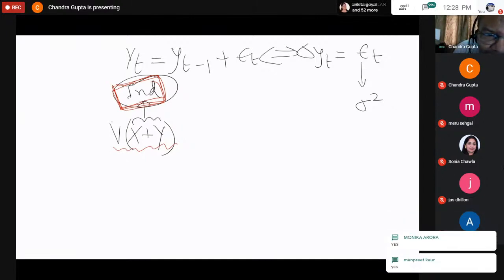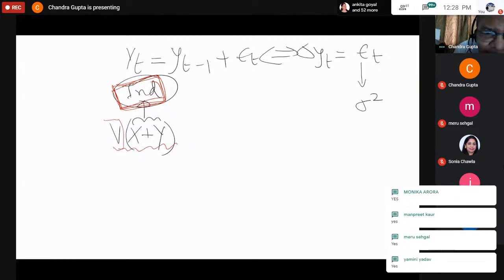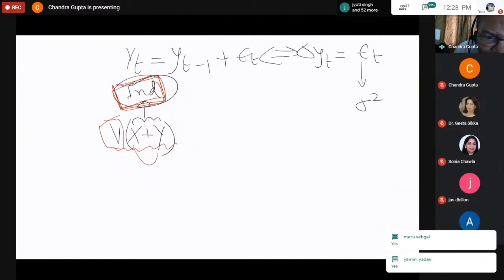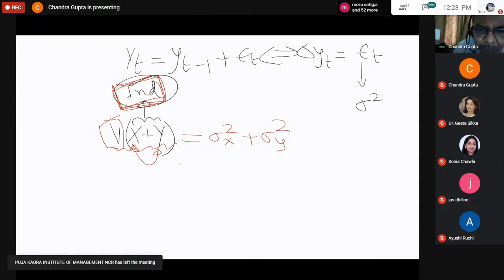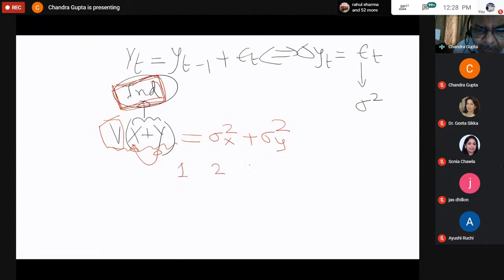I want to get the variance of x plus y, where x and y are independent. This will be equal to variance of x plus variance of y. So if you take lags of the series, lag 1, 2, 3, 4, and so on, the variance of each is sigma square.